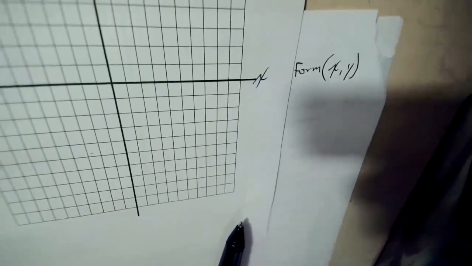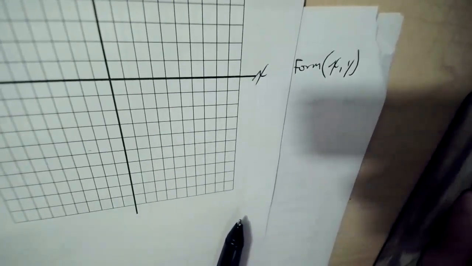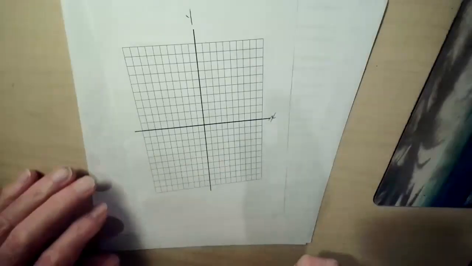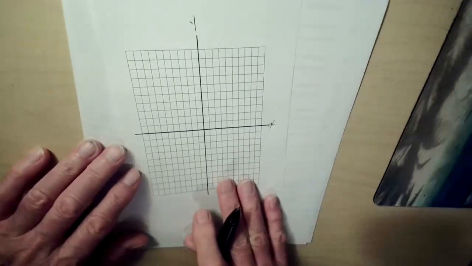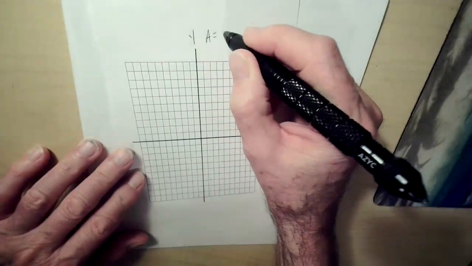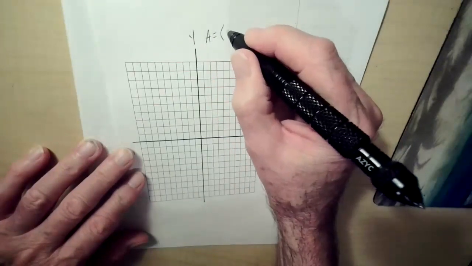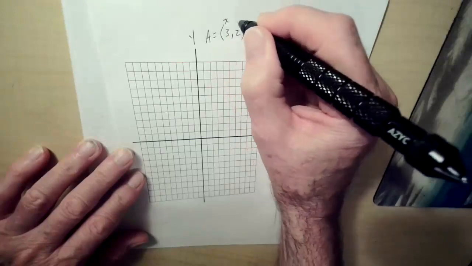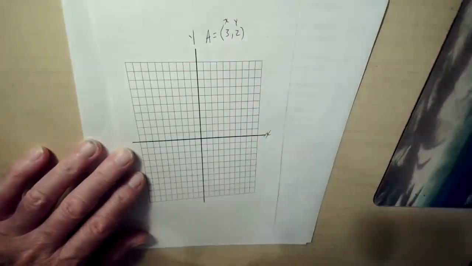Let me see if I can. And we'll see if this is any better. Okay, so if we're given the point that A is 3 comma 2. Remember, this is always the x, and that's always the y.